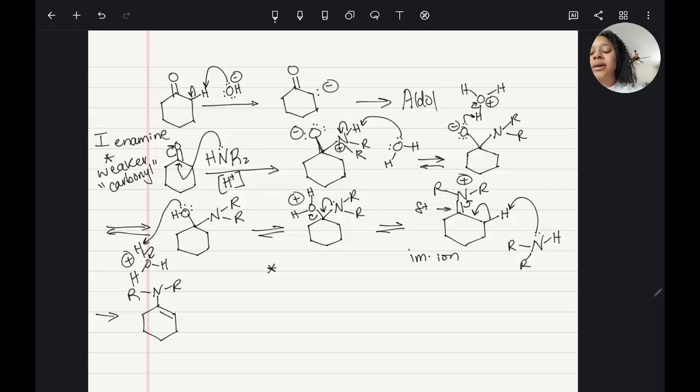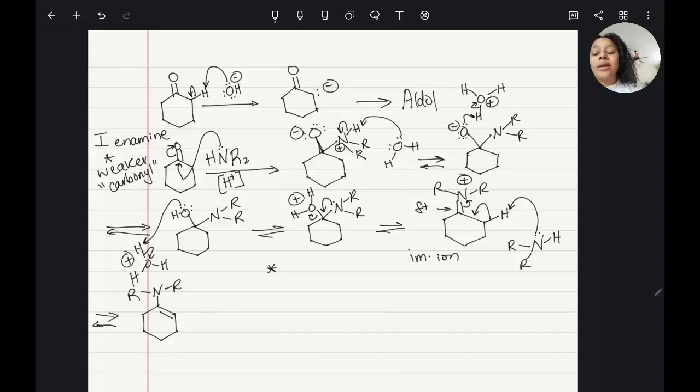Now, I'm just using R for now, but you might have ethyls, methyls, propyls, whatever it is. So just be aware of that whenever you have to draw these mechanisms. And again, they're all equilibrium steps. So if I skip an equilibrium arrow, it's not intentional.